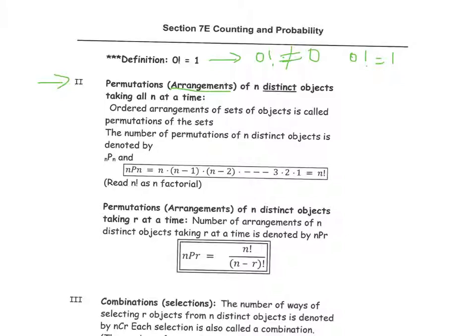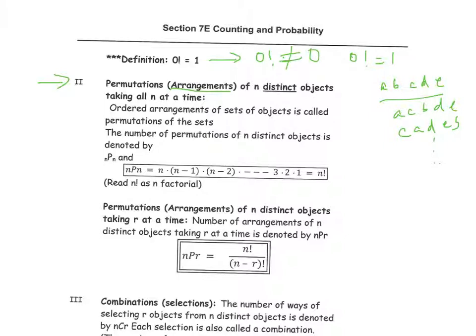So if we have 5 distinct objects like we've seen before, A, B, C, D, and E, we take all 5 and arrange them in different ways. So we go A, C, B, D, E, C, A, D, E, B, etc., and then we count how many possible arrangements we can get.